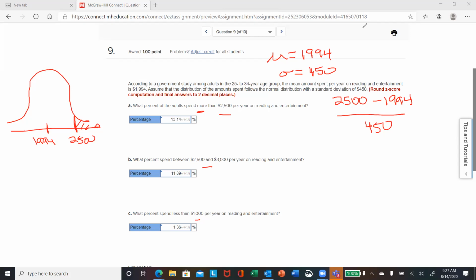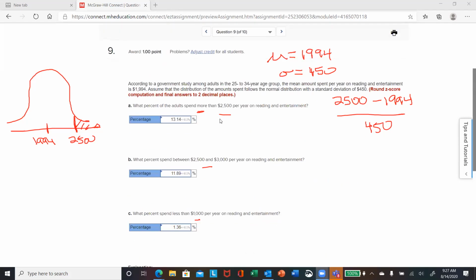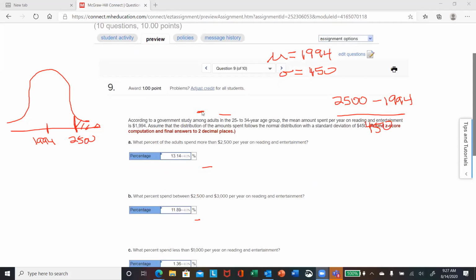So once you get this z value, the z value for 2500 is 1.12. I go to my table.